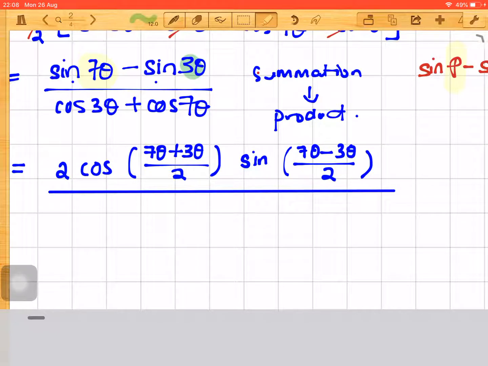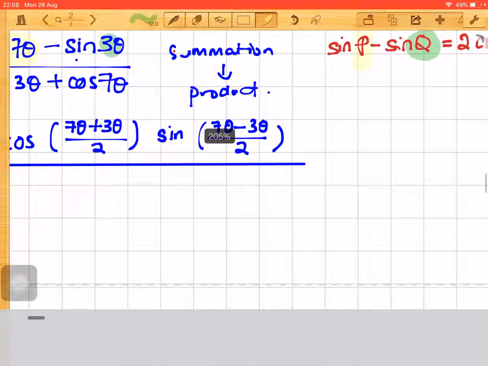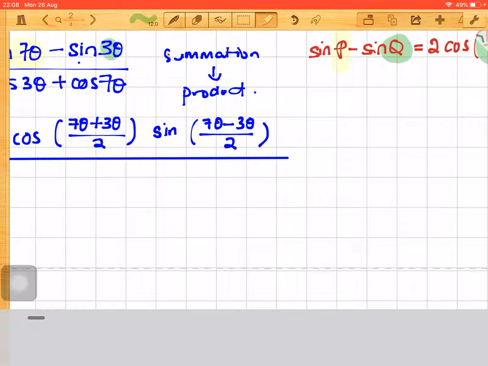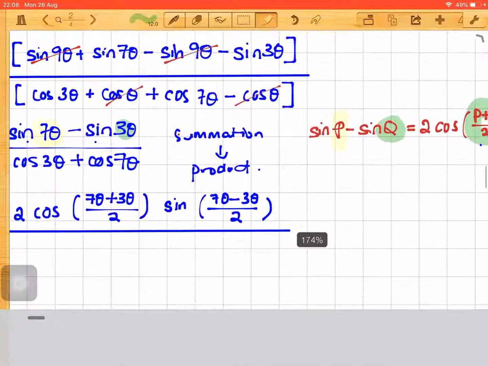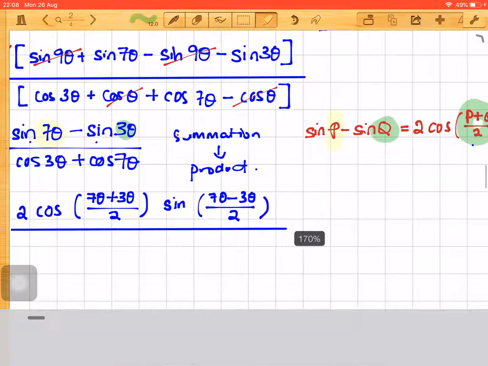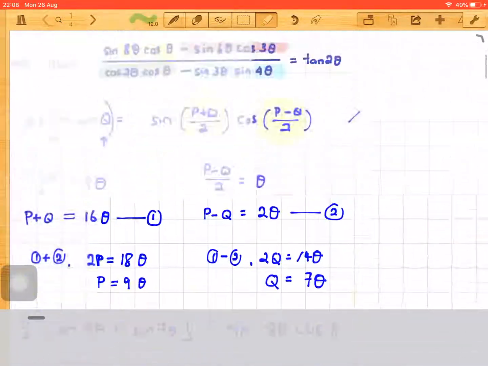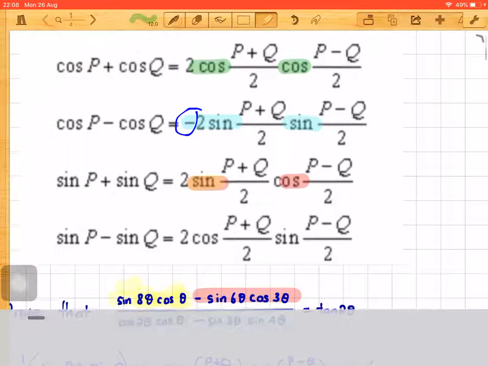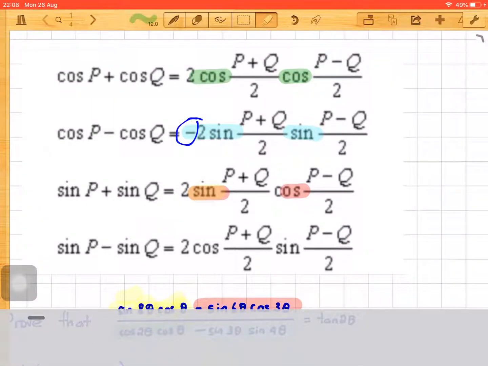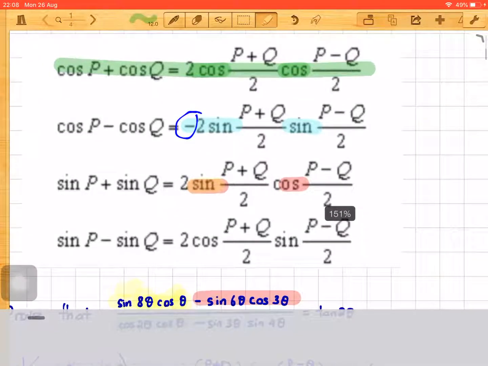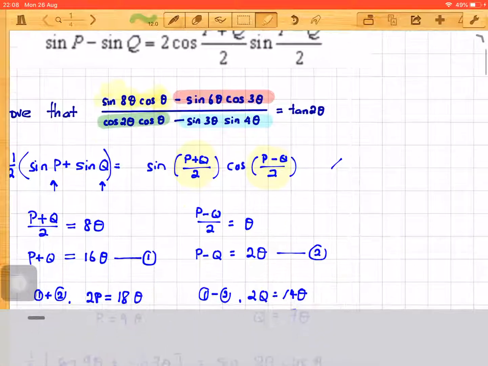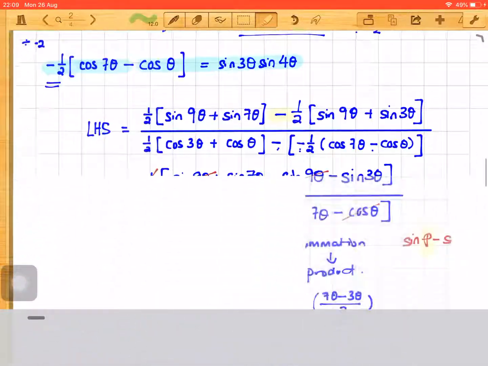So now you have to do for the bottom one, which is right here. This one, you will have to use another formula. You can refer to the formula up there. I'll find it back for you. So the cos one, you use this one. Cos p plus cos q equals 2 cos p. I'll just copy it for you.